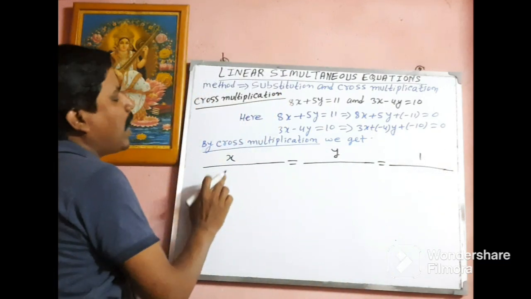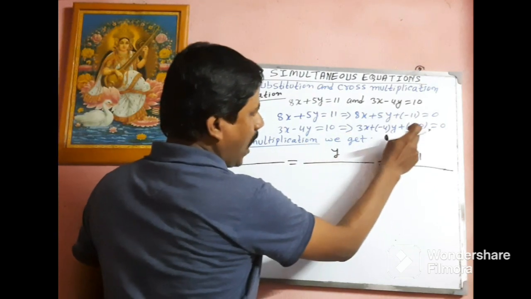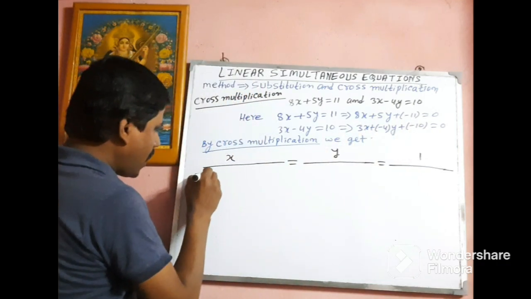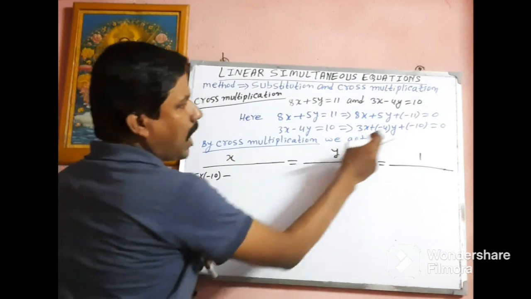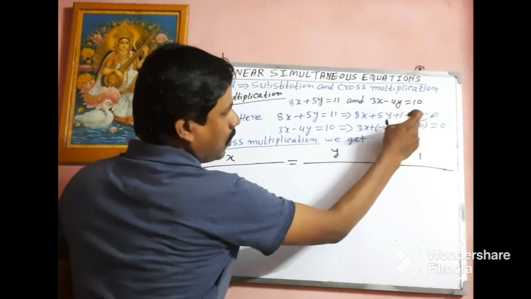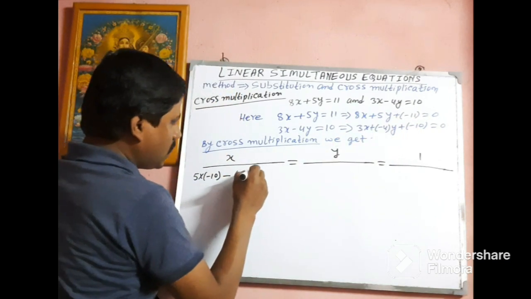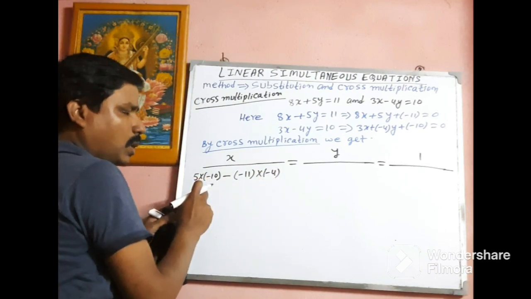So when we find x, then these two, 5 and minus 10, will be multiplied, then minus, and now multiply minus 11 with minus 4. This is the complete x part.